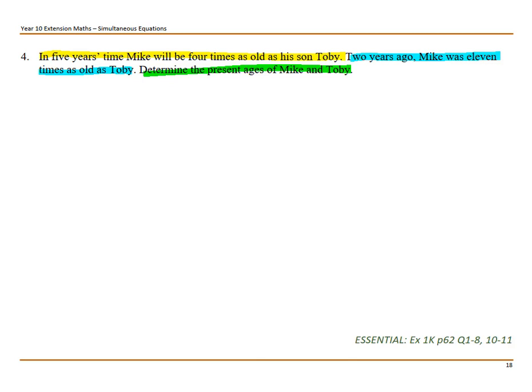So that last sentence is what our variables need to be. So let present ages be M for Mike and T for Toby. We've defined our variables.